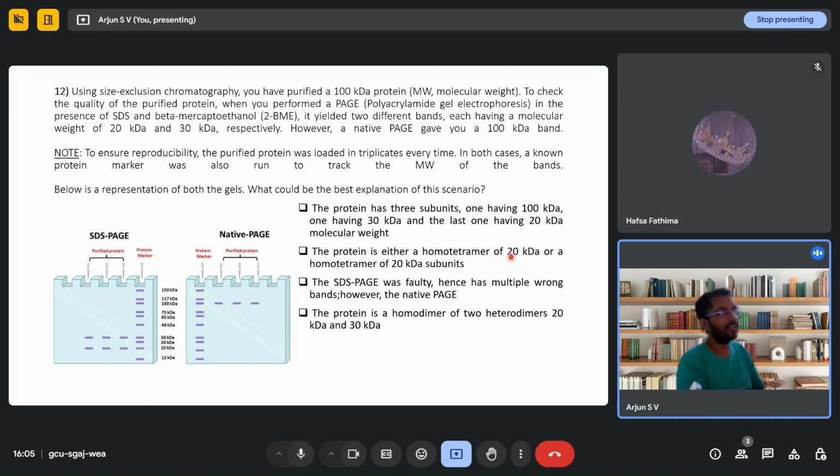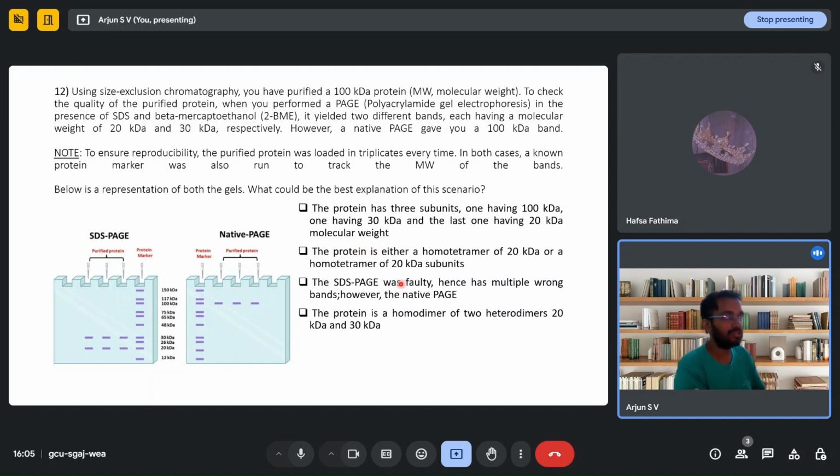If it's a homotetramer of 20 kilodalton, then the molecular weight will be 80 kilodalton, because it's 4 into 20. Whereas if it is a homotetramer of 30 kilodalton units, the total molecular weight will be 30 into 4, which is 120. But we don't see a band in the native page at 120 or at 80. So this option also doesn't hold true.